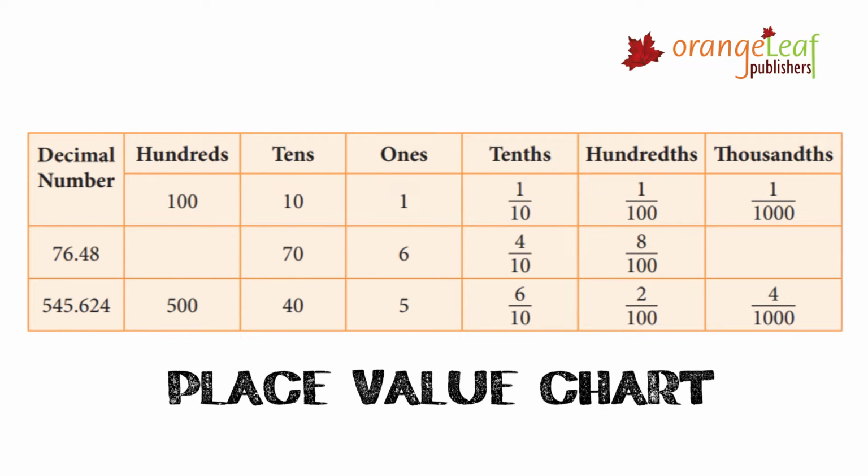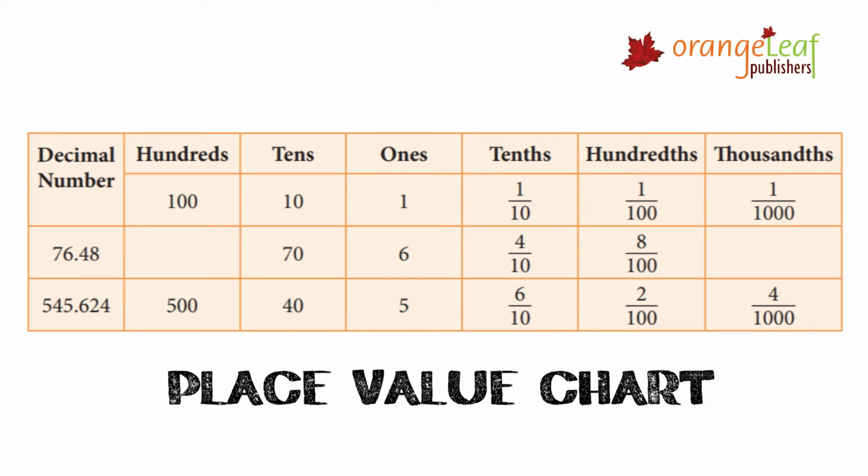Now, in this place value chart, we have the decimal numbers and the place value which starts from hundreds and goes up to the thousands. The first example is 76.48. Since there is nothing in the hundreds place, we leave that place blank. 70, which is 7 in the tens place.